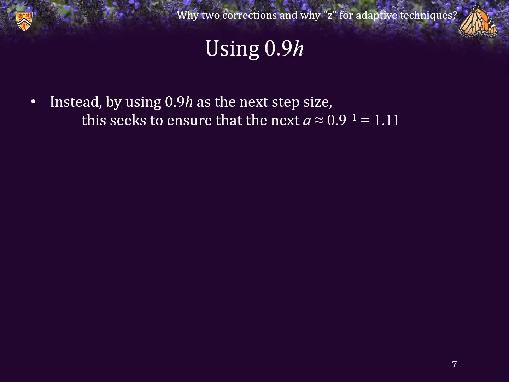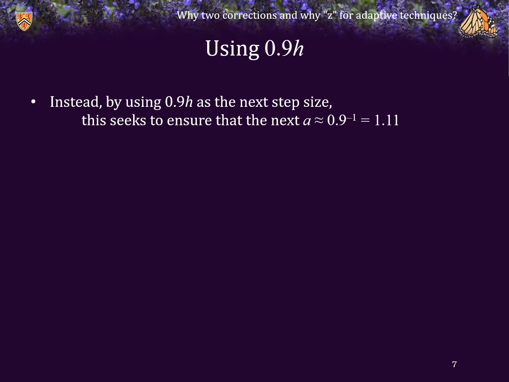Thus, instead, by using 0.9 times a times h as the next step size, what that means is that with the next step, when we calculate the scaling factor a, it's very likely to be closer to 0.9 reciprocated, or approximately 1.111.